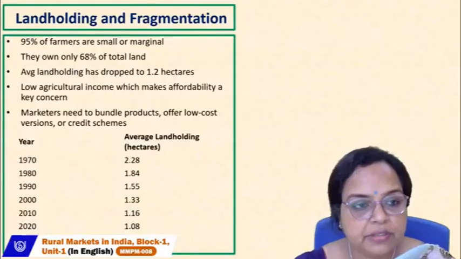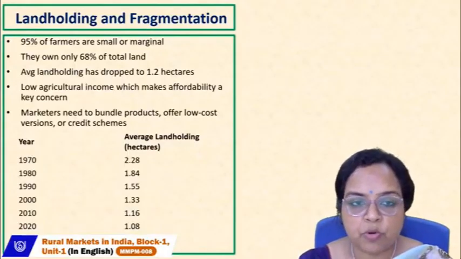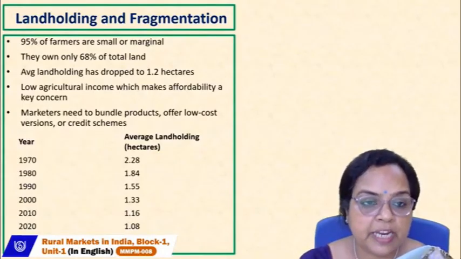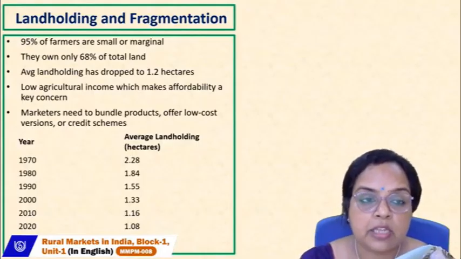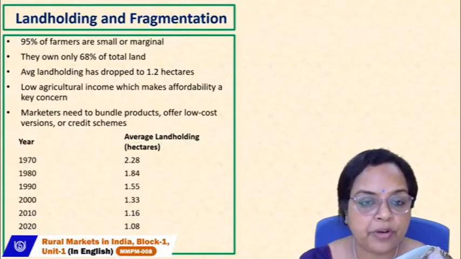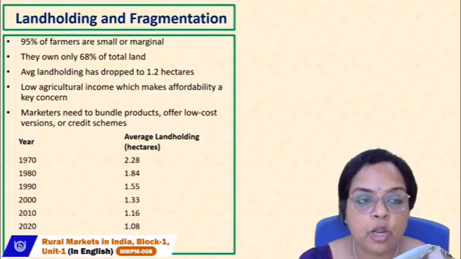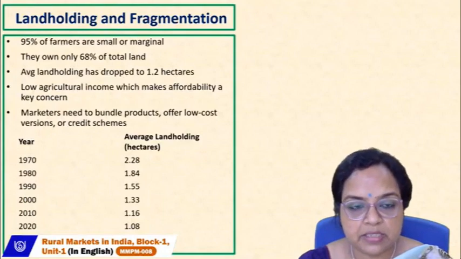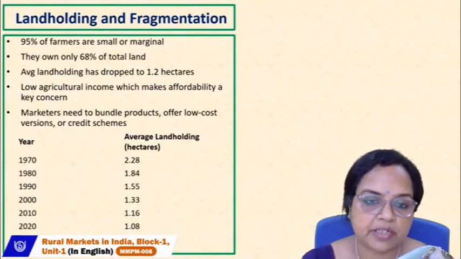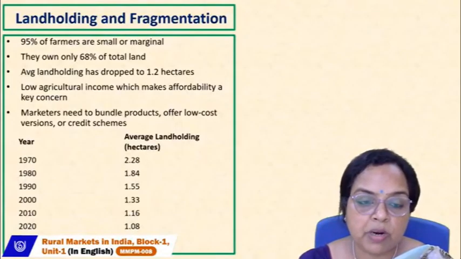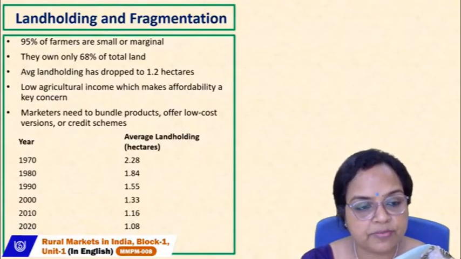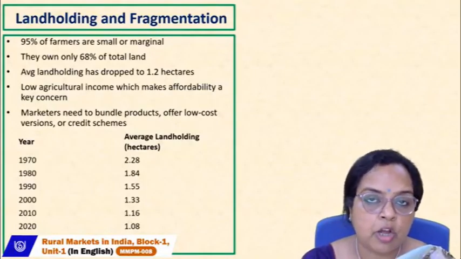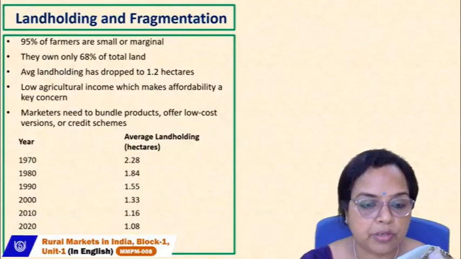Land holding and fragmentation. 95% of farmers are small and marginal. We have already discussed it. They own only 68% of the total land. The land holding has dropped to 1.2 hectares per individual. Low agricultural income makes affordability a critical concern for the marketers. Marketers need to bundle products, offer low-cost versions and credit schemes if they want to popularize their product or if they want to enter the rural belt.